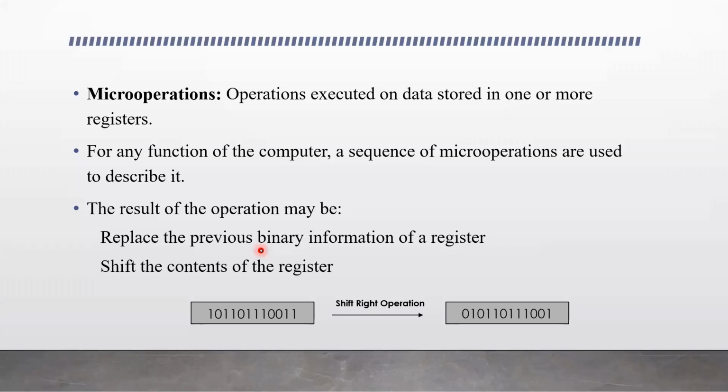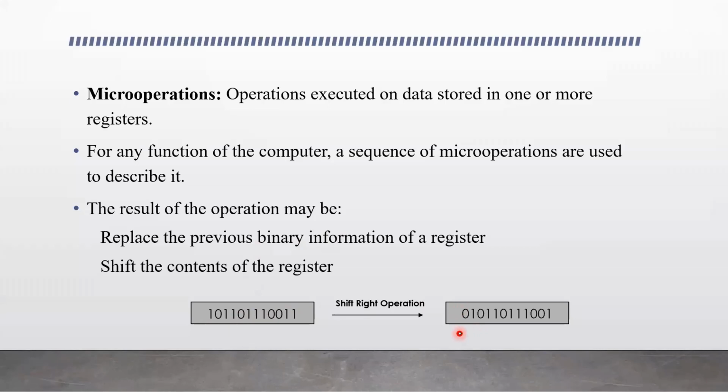So the micro operation may be replacing the previous information of a register, or it may be shifting the content of the register, like how we did here. This is the content of the register: 101101110011. When you perform the shift operation, you get this. All the bits are shifted one position to the right.